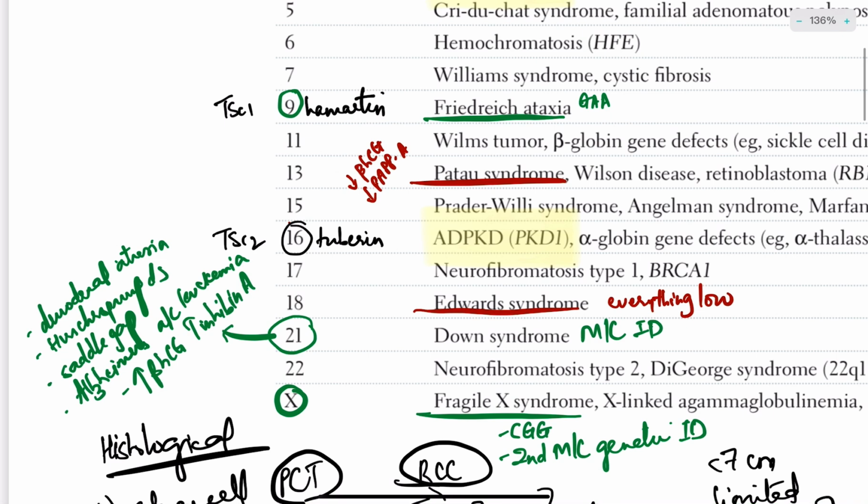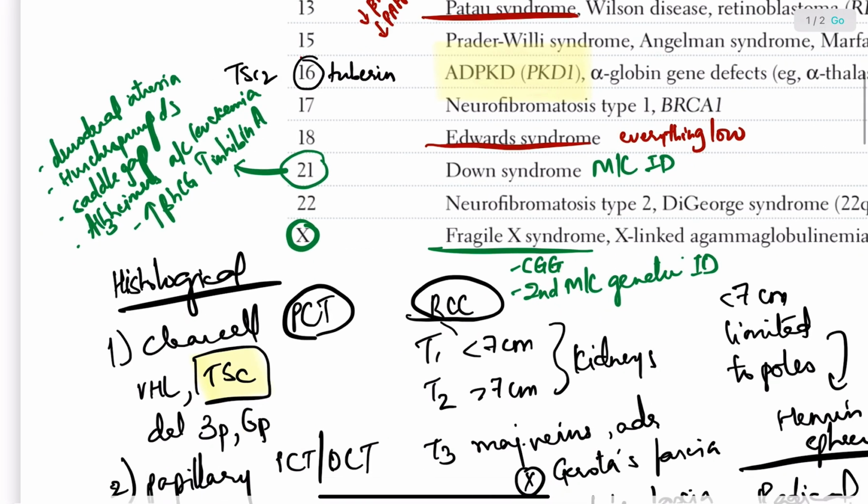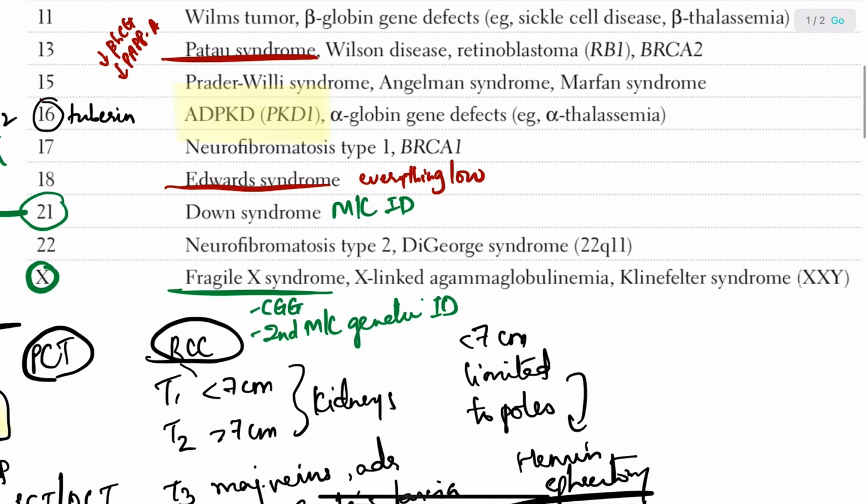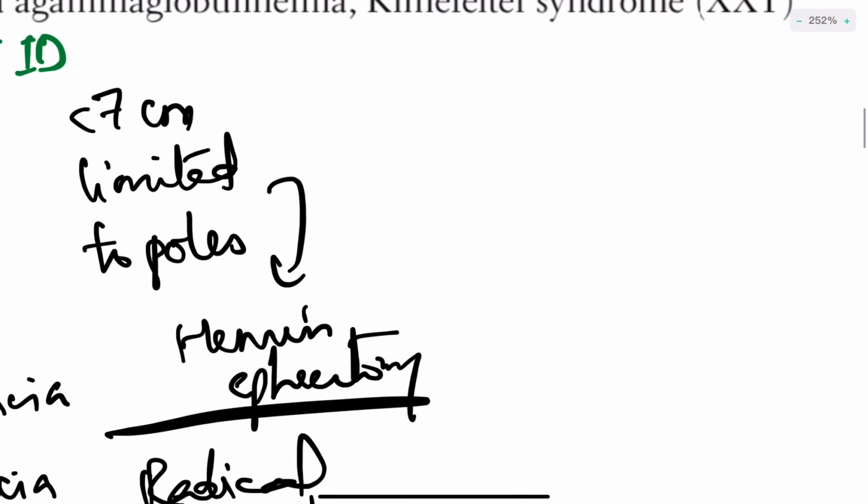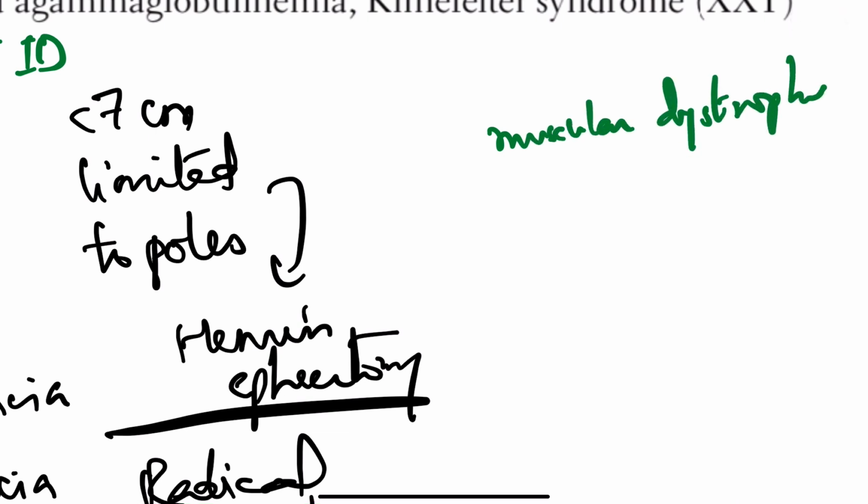So all your trinucleotide repeats are done. All right. The fourth trinucleotide repeat that they've not mentioned here was actually muscular dystrophy type 1, right? And what is important is the trinucleotide repeat over here is CTG, right? And the other finding is going to be cataracts.